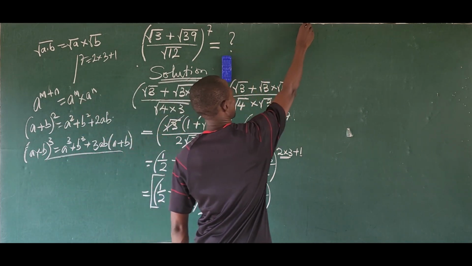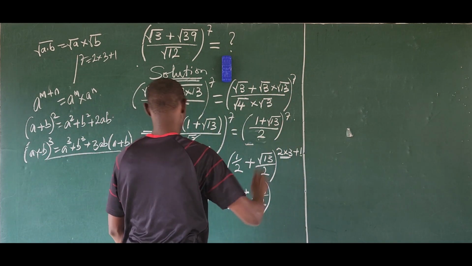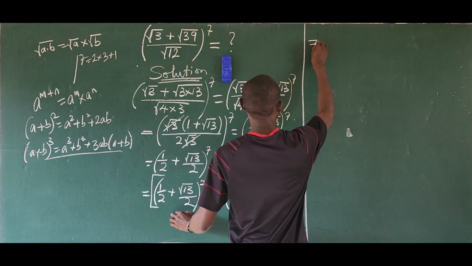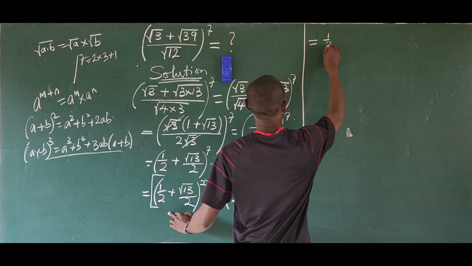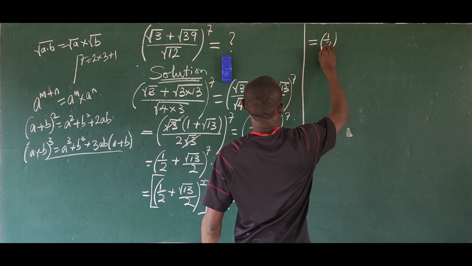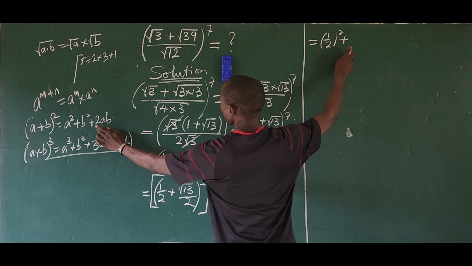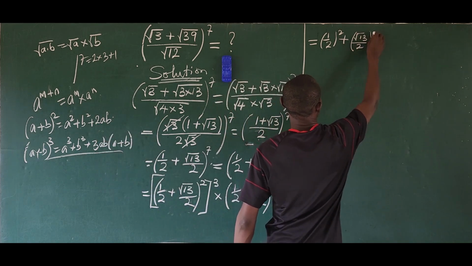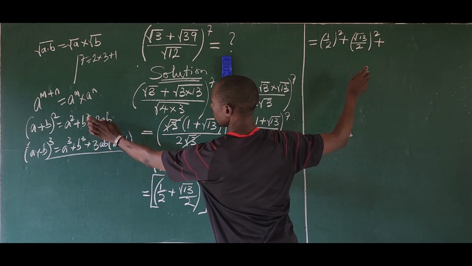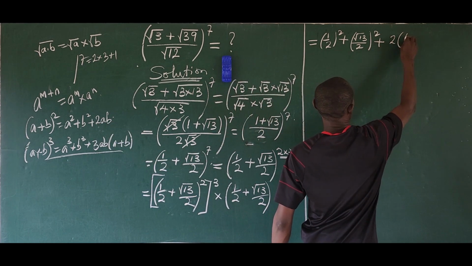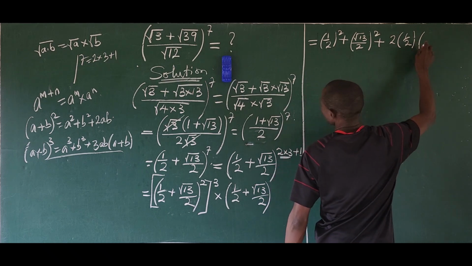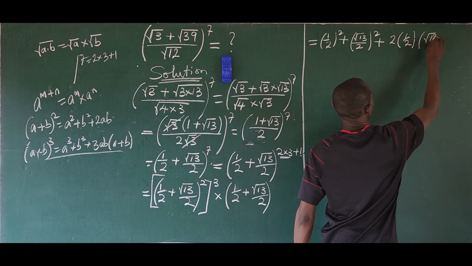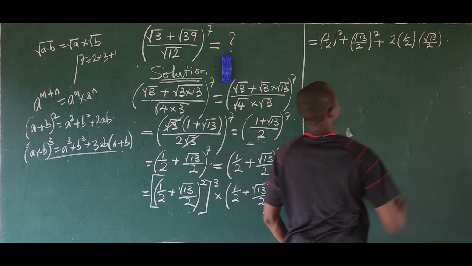Okay, so this is getting interesting. All right, so this very one, expressing it in this format, is going to give us equal to 1 all over 2, all raised to the power of 2, plus square root of 13 all over 2, all raised to the power of 2, then plus 2, then into 1 all over 2, bracket, b, which is root 13 all over 2, close bracket.